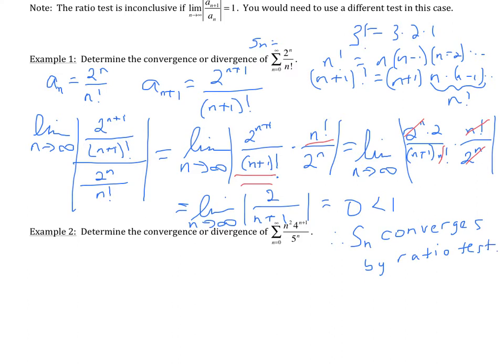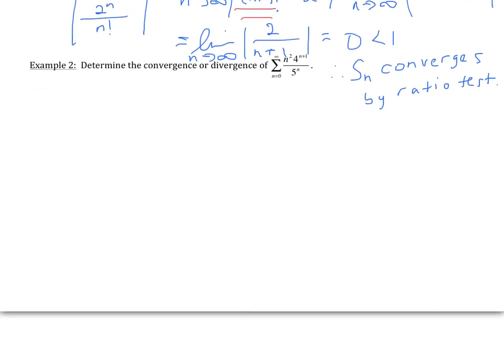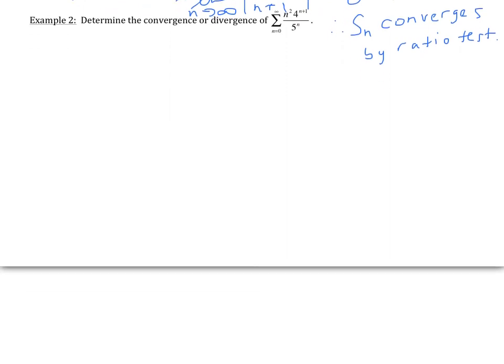All right, let's look at another example. Let's do this one in a different color. All right, so determine the convergence or divergence of the series from 0 to infinity of n squared 4 to the n plus 1 over 5 to the n.